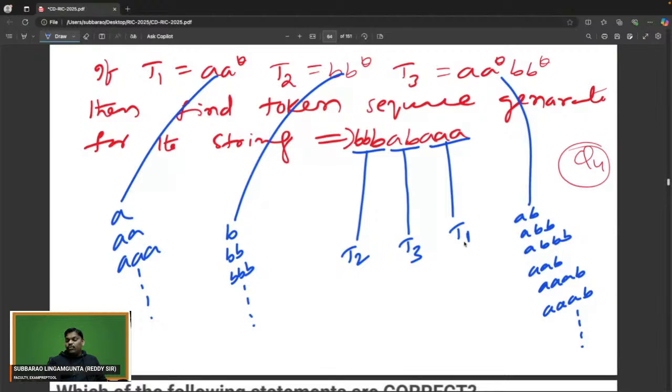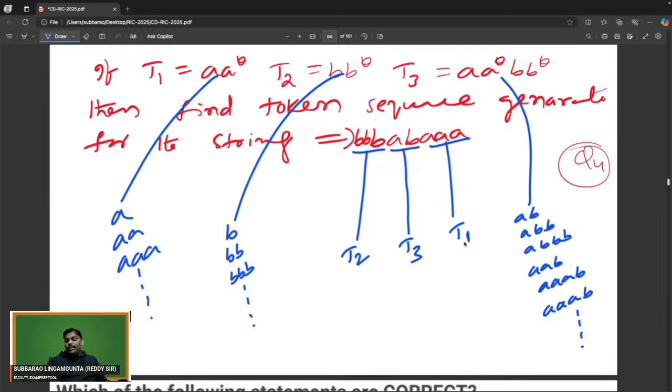Longest matching. If two patterns match, you take the longest matching. Suppose there is AB: T1 also matches, T3 also matches. But I will go to T3 only because of longest matching. If you go to T1, then I will take only A, and B will go to T2.